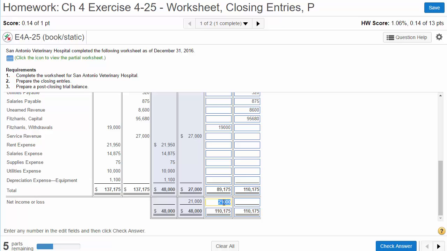So how does net loss affect capital? Does it make capital go up? And remember, capital goes up on the right side. Or does it make capital go down? Well, it makes capital go down. Losses decrease capital. So that's another reason why we know the net loss goes on the left side of the balance sheet column.